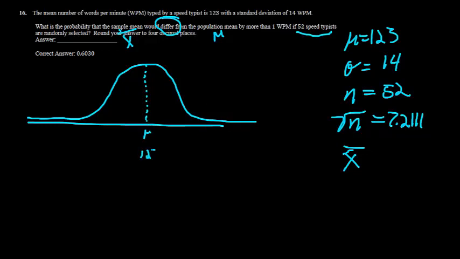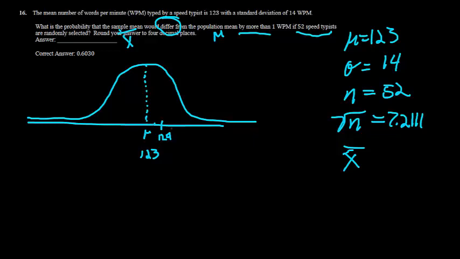So I'm going to write that down, 123. What is it that the sample mean would differ from the population mean by more than 1 word per minute? So what is 1 word per minute more than the mean? It's 124. Is this a two-tailed test?